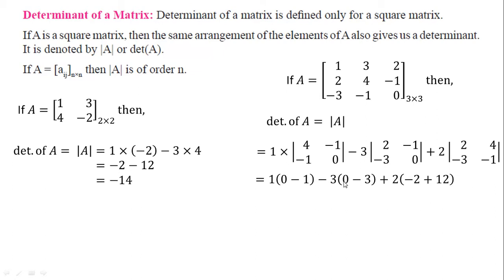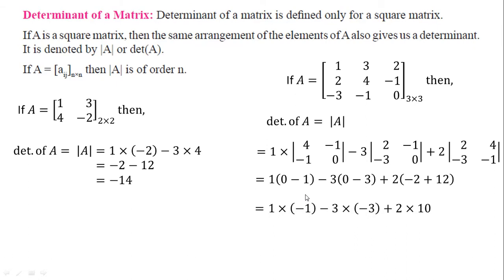So in the bracket we get 0 plus 3, plus 2 into bracket, 2 into minus 1 is minus 2, minus 4 into minus 3 is plus 12. Remember, very important. So we get this calculation.